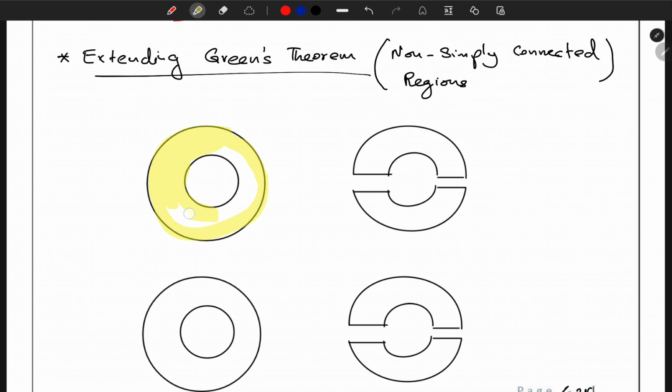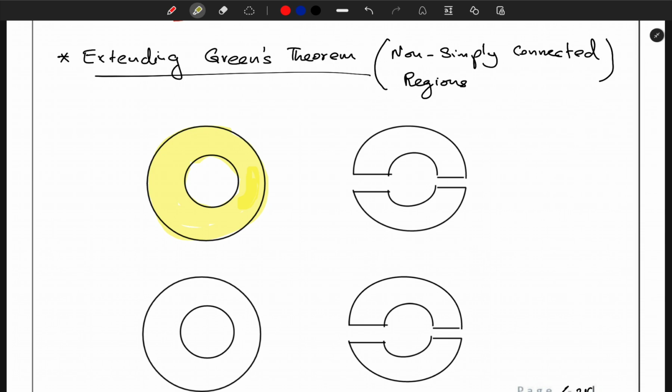The region has a hole inside it, which means it's not simply connected. It's connected, so you can walk from any point to any other point without leaving the region, but it's not simply connected, meaning it has a hole inside.